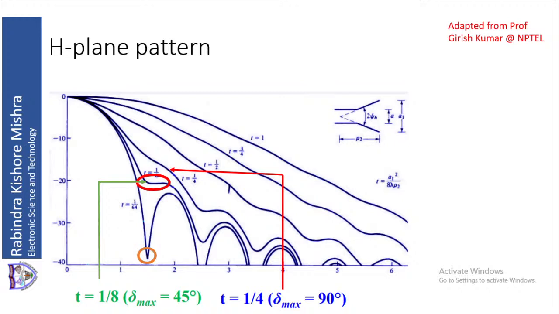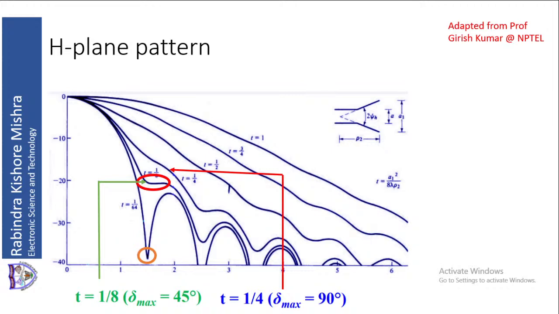If delta max is equal to 90 degree, you can see that the beam width is broadened. It is coming down, then there is a good shoulder, a drooping shoulder in the pattern. That means the energy is radiated in the undesired direction, not in the desired direction. In the desired direction there is less energy, and a substantial amount of energy is radiated in the undesired direction.